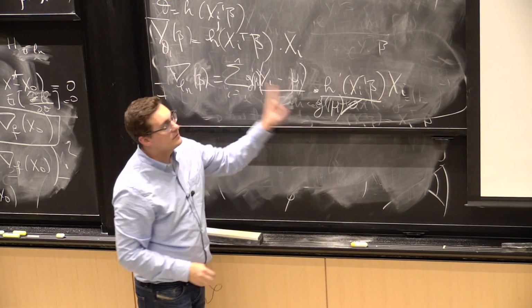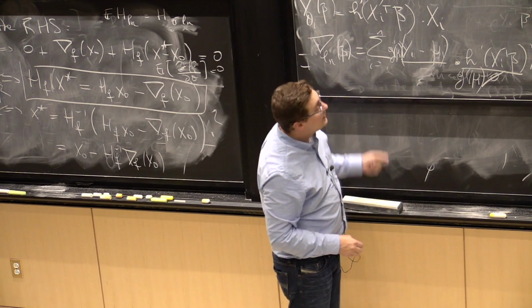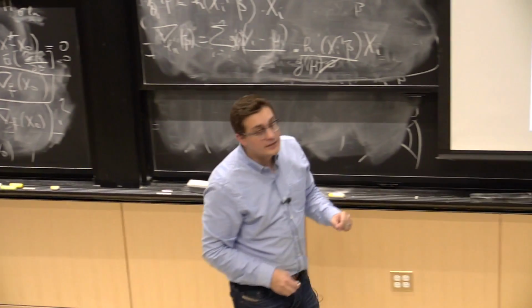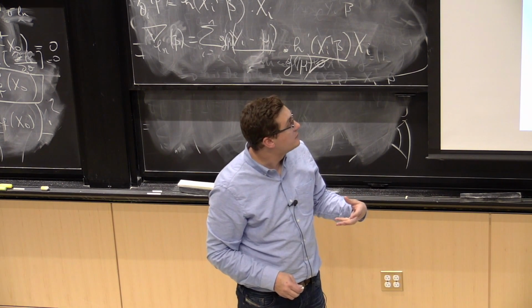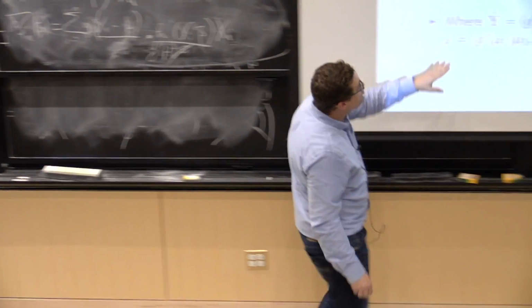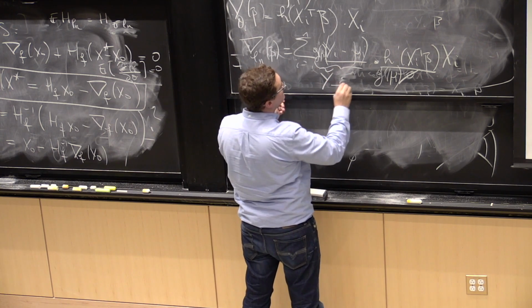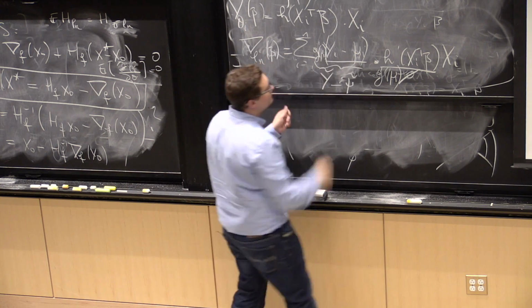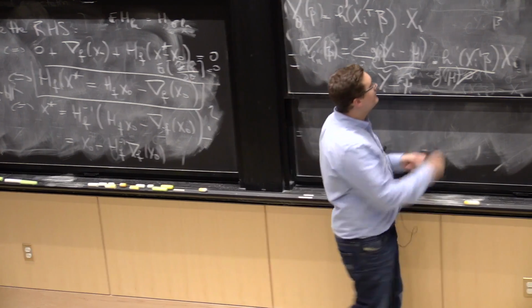I just took g prime and multiplied and divided by g prime. Why do I do this? Well, that's going to be clear when we talk about iteratively reweighted least squares. But now, essentially, I have a new y and a new mu, so this thing is going to be y tilde minus mu tilde.